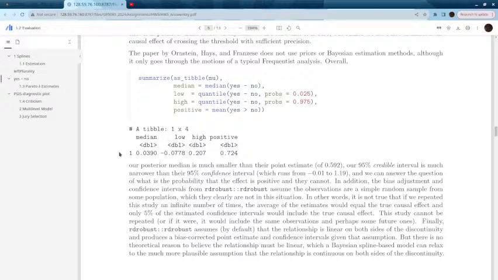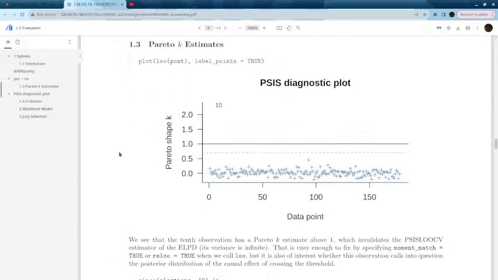All right. Moreover, since we're Bayesian, we can get Pareto K estimates, which indicate the sensitivity of the posterior distribution to particular observations. Now, in this case, observation 10 has a Pareto K estimate that is way too big.